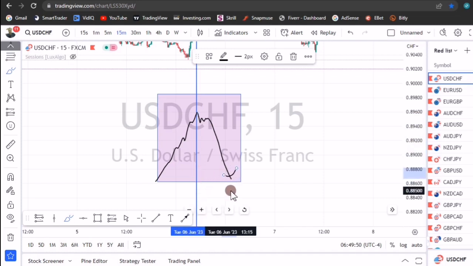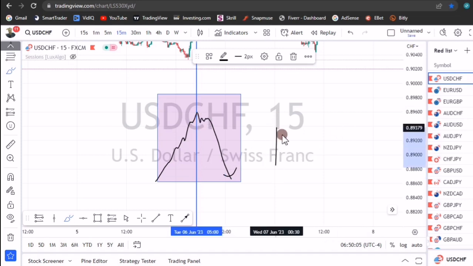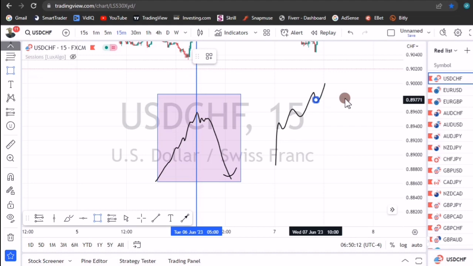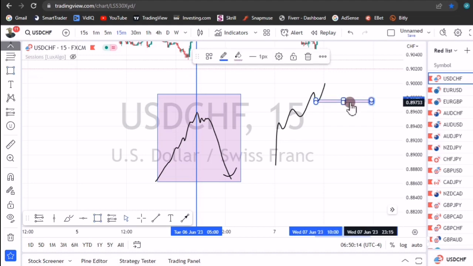So what this means is that whenever you take a trade, let's say in the beginning of the London session, when you get to the middle of the London session, you should take note of reversal patterns. You might see price doing this. This is the lower key level that price has left.